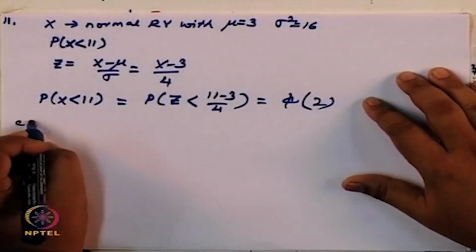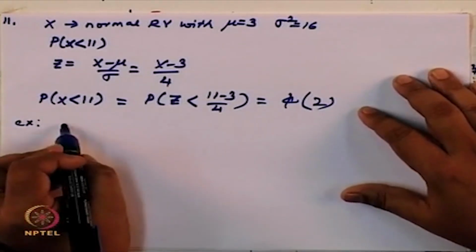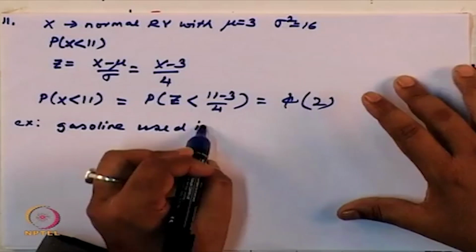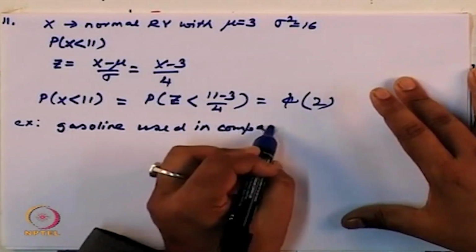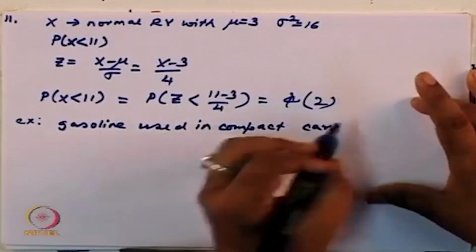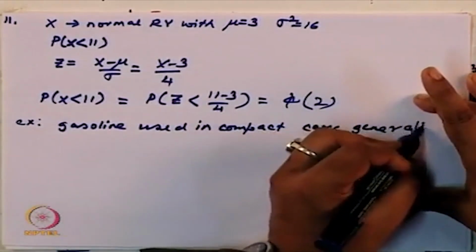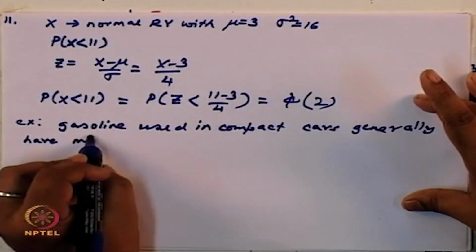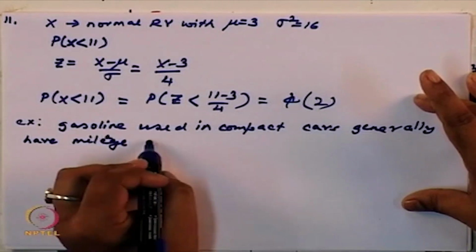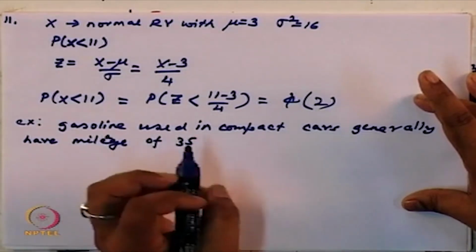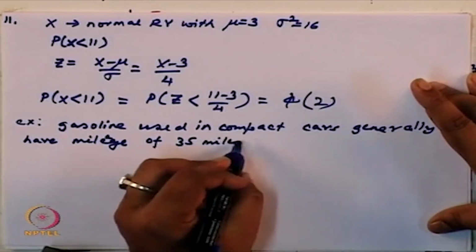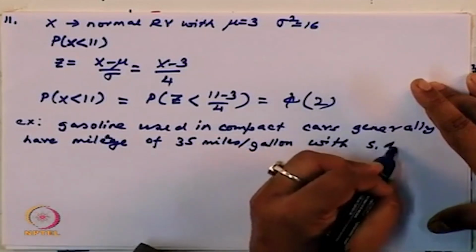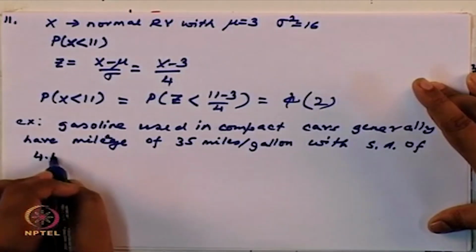Let us take another example. Let us say you have gasoline used in compact cars, which generally have a mileage of 35 miles per gallon with a standard deviation of 4.5 miles per gallon.